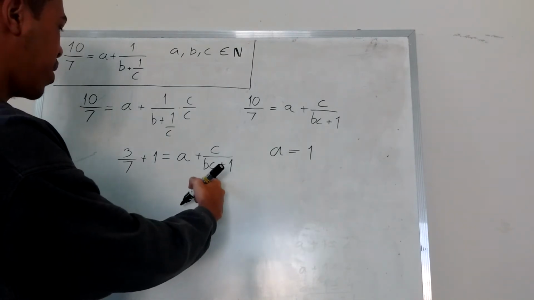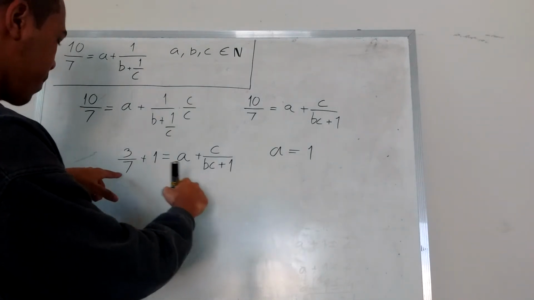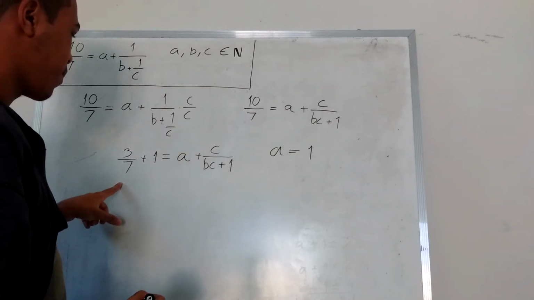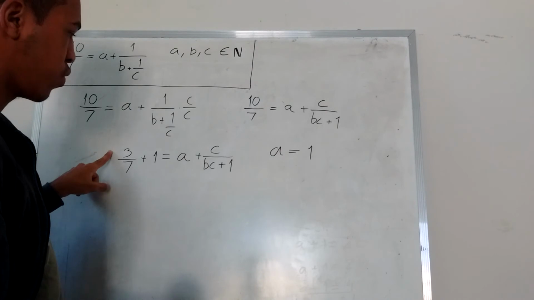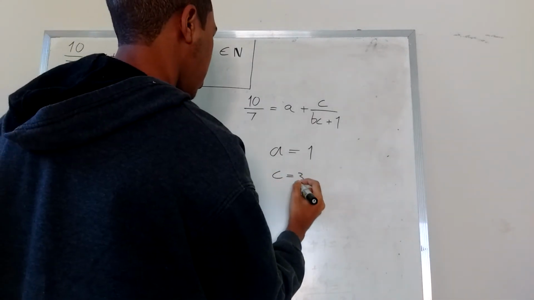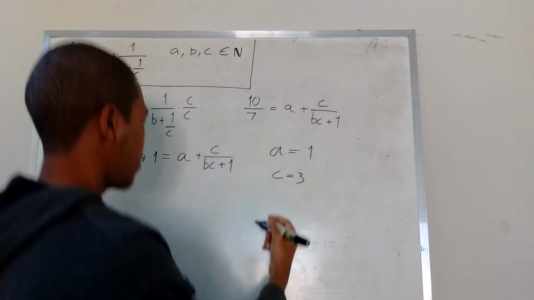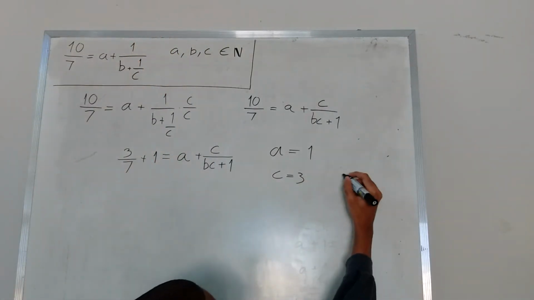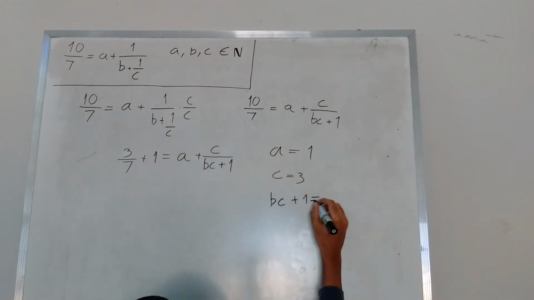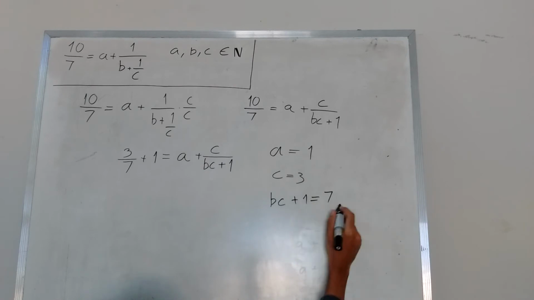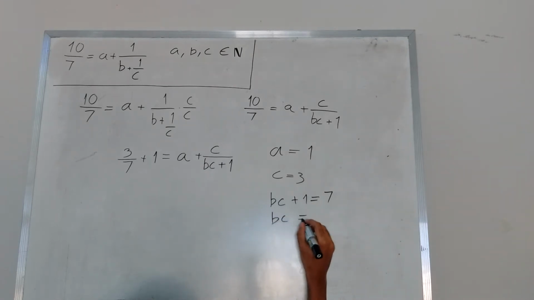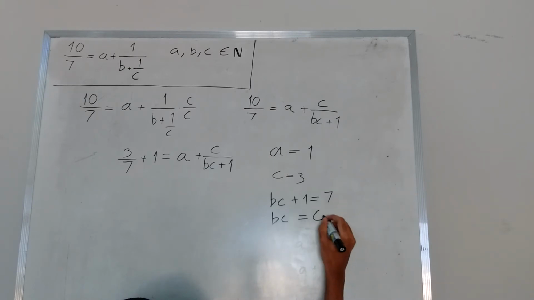To make this work, BC plus 1 has to be equal to 7, and C has to be equal to 3. If we assume that C is equal to 3, and BC plus 1 equals 7, we can bring this 1 to the other side. BC is equal to 6.